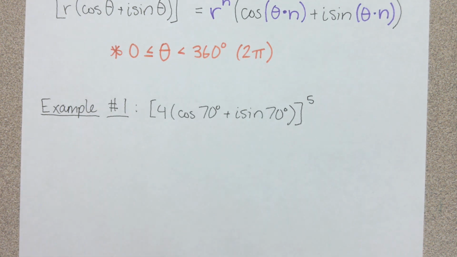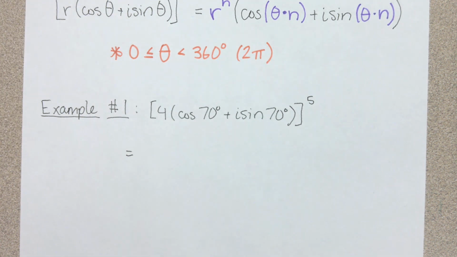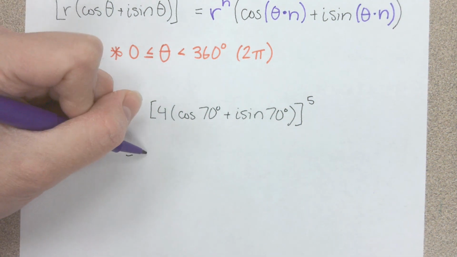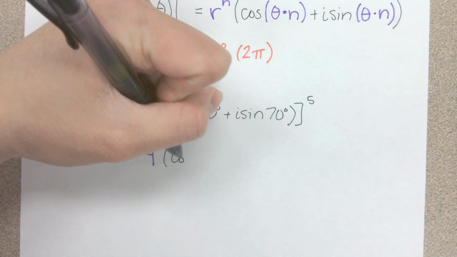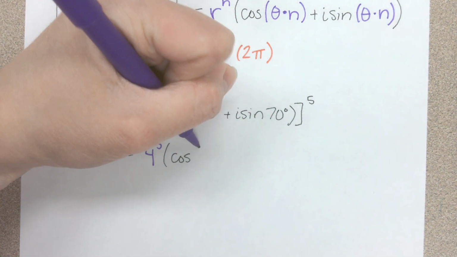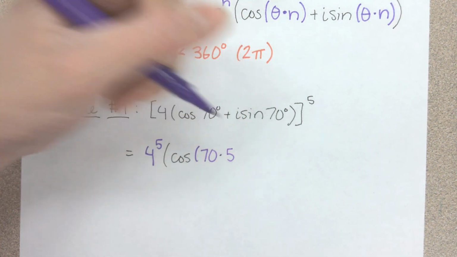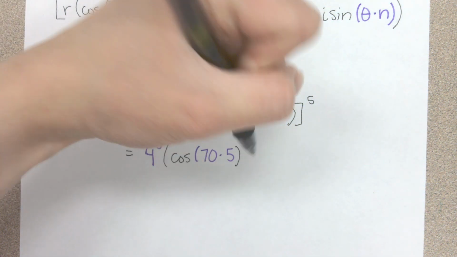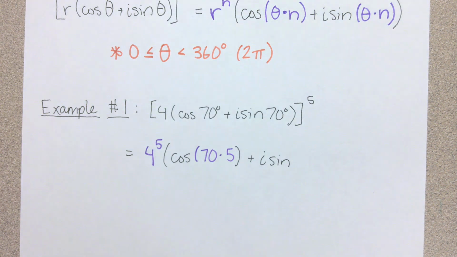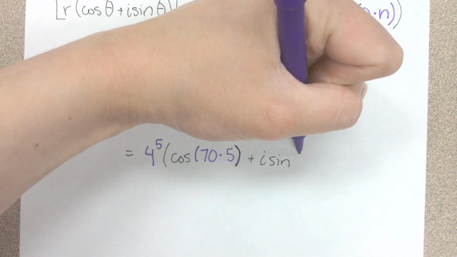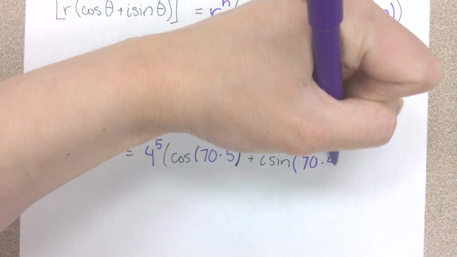And then this is just basically 2 steps. So I'm going to set it up first. First you do r to the 5th, so 4 to the 5th. Parenthesis cosine of 70 times 5, plus i sine of 70 times 5 again.